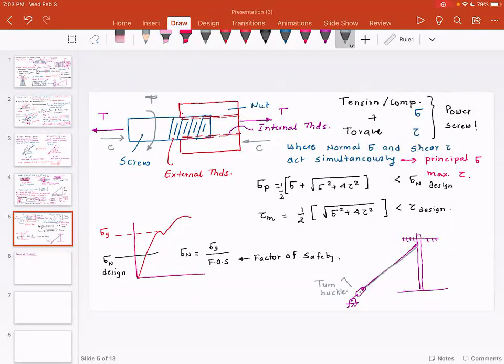So basically you put a rod through this hole and rotate it and adjust the loading or the tension on the pole. So this is the electric pole, this is the rope, and you have a turnbuckle that can adjust.